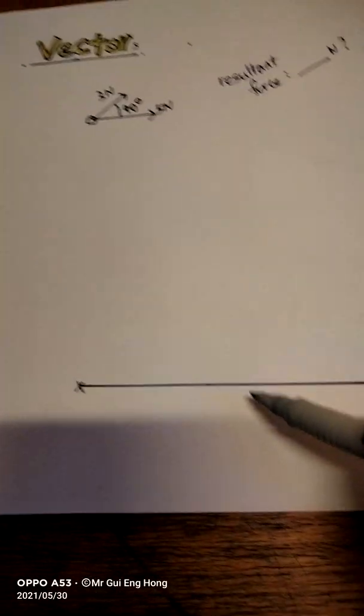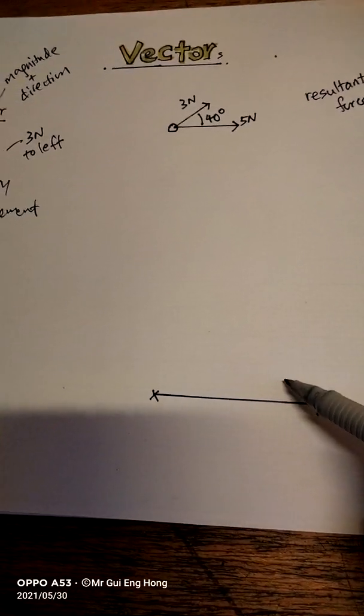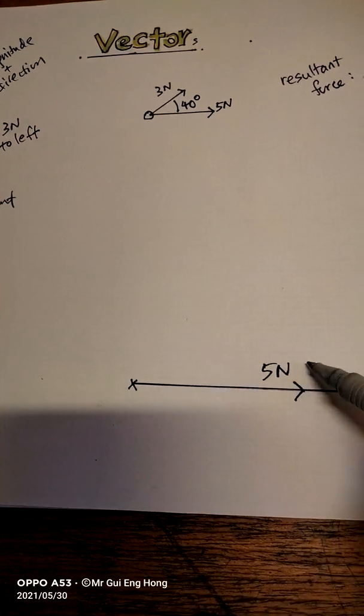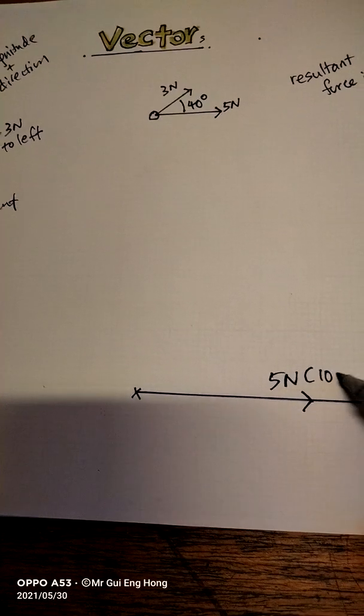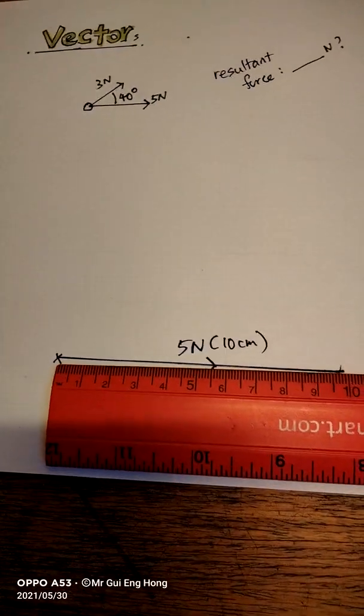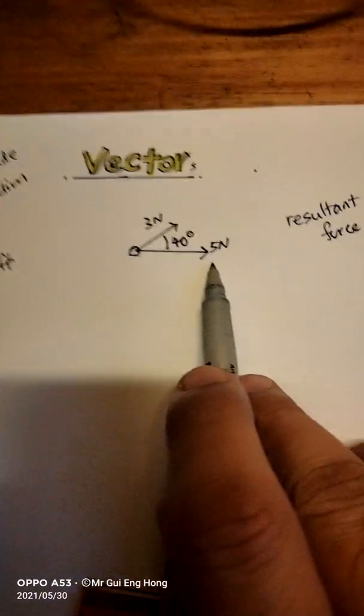I'm drawing the arrow, give me some time. Okay, so I've drawn using the help of a ruler. This is 5 Newton represented by 10 centimeter. So every 2 centimeter represents 1 Newton. There is a scale.